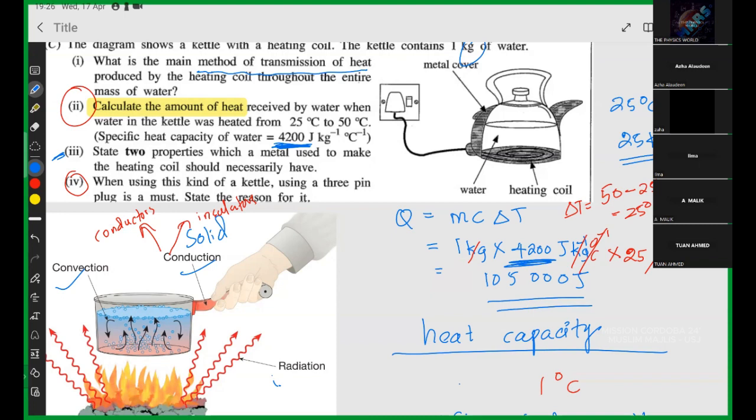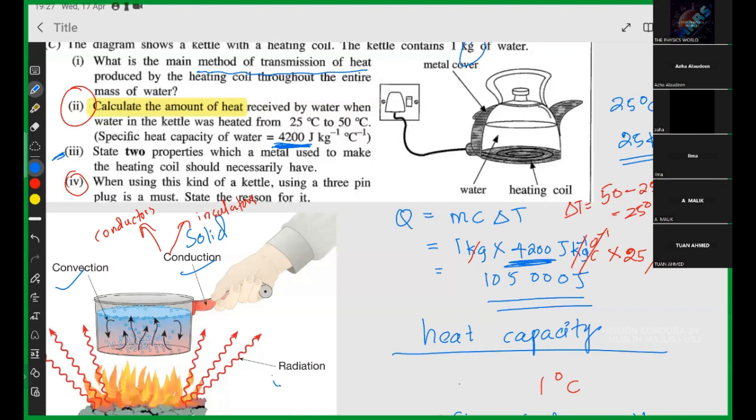So we know that if it is a kettle, we are heating that to very high temperatures. Then this heating coil is made out of a metal. That metal should not melt. So it needs a high melting point. And secondly, we are using it to heat water.